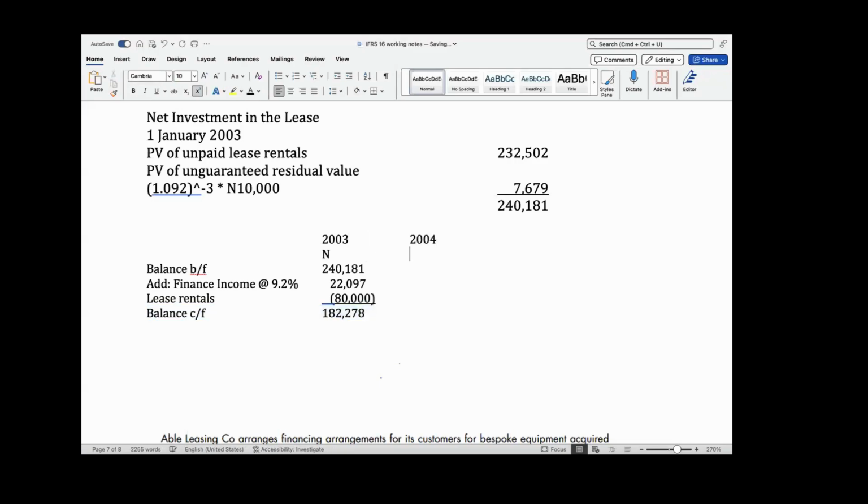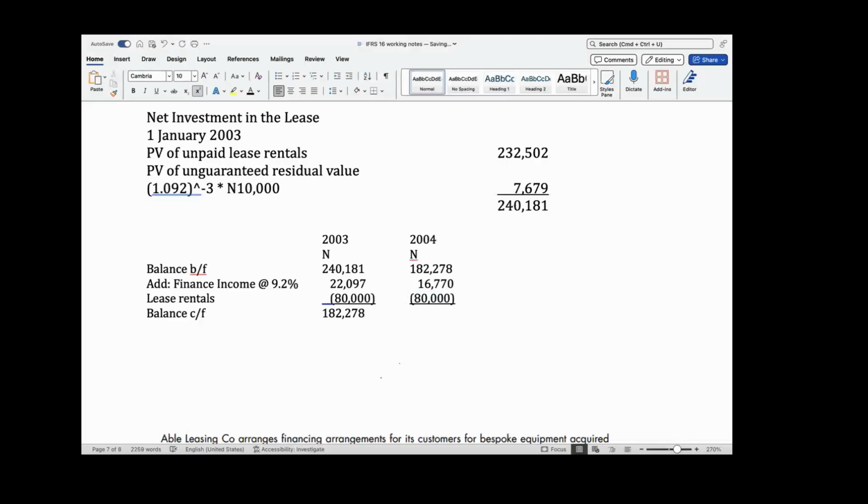In 2004, we have 182,278. What's 9.2% of 182,278? 16,770. Okay, 16,770. Then I deduct my lease rentals.